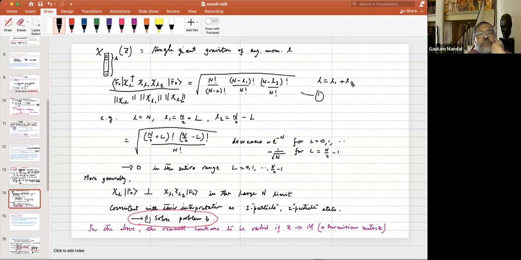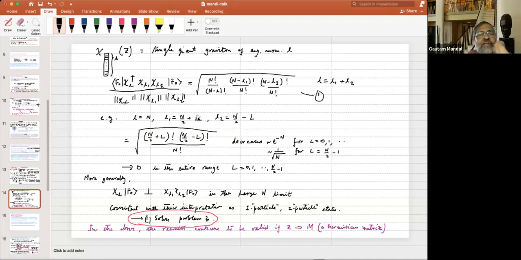Explicitly, in a beautiful paper by Kristjansen, Jevicki and Rangamani, this has been computed. Here are some examples. Let's say I take L to be N itself, and L1 and L2 just split up this N as N by 2 plus capital L and N by 2 minus capital L. I let capital L go all the way from 0 to capital N minus 1.